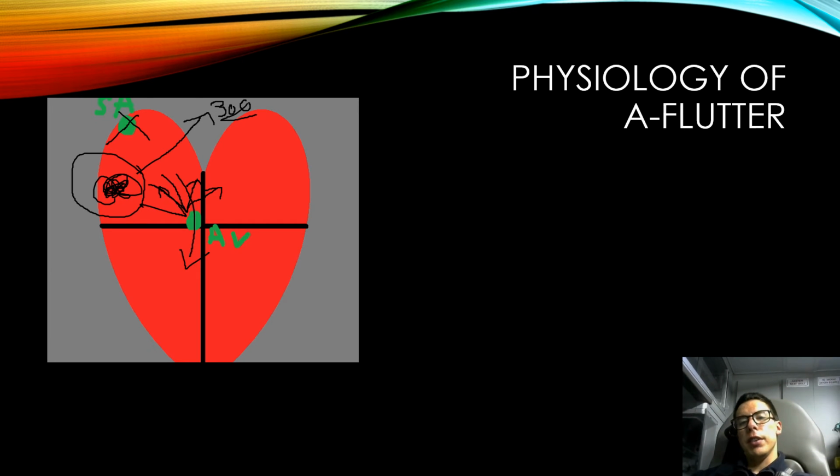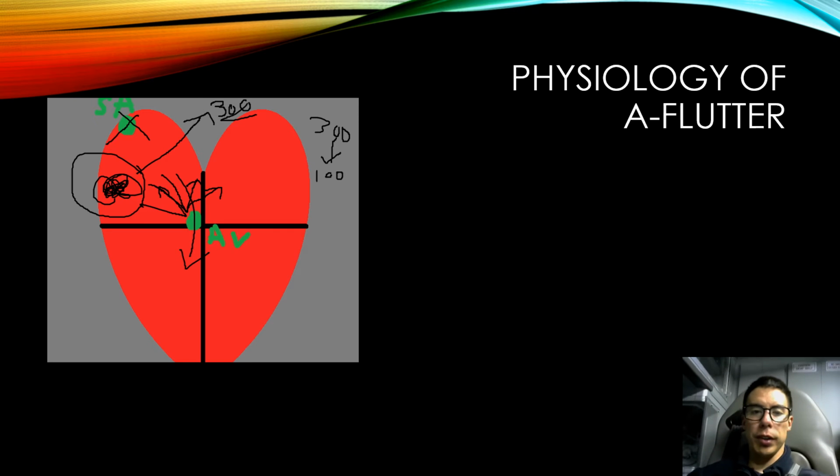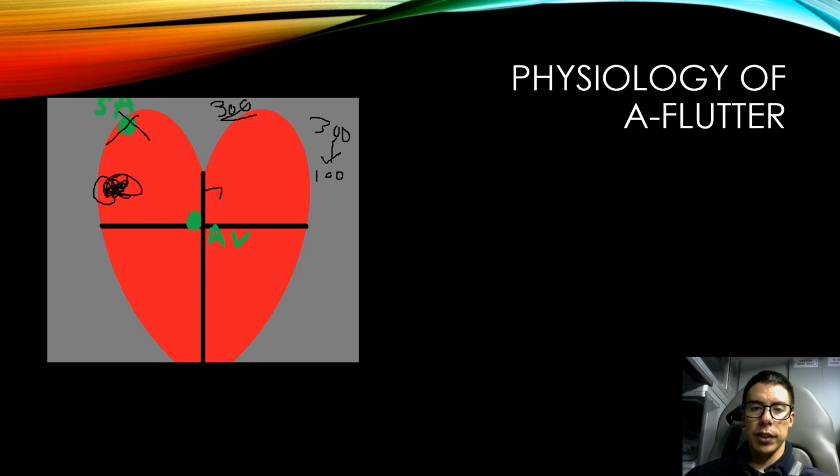So instead of a rate of 300, it may have reduced the rate to 100, which is absolutely a survivable rate for us. That's just another one of the interesting ways the heart keeps us safe and has fail-safes in case other things stop functioning properly.